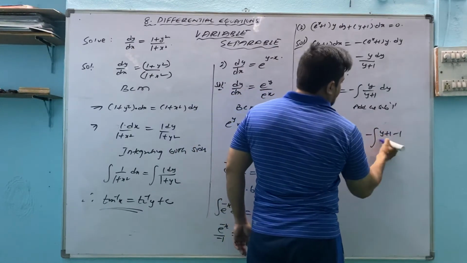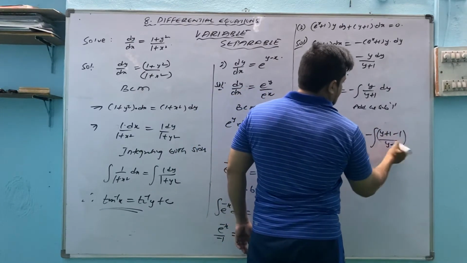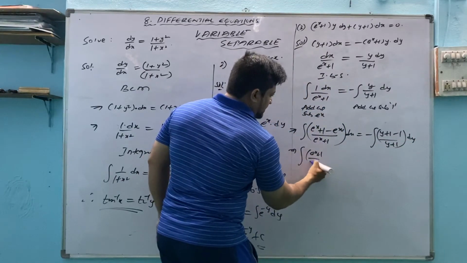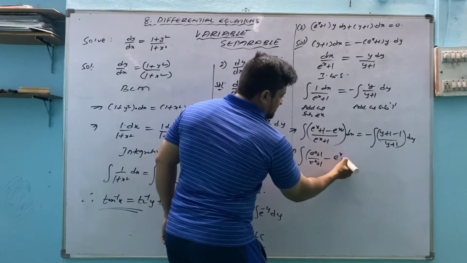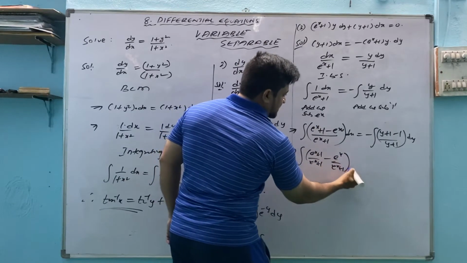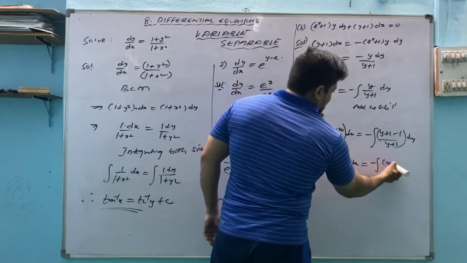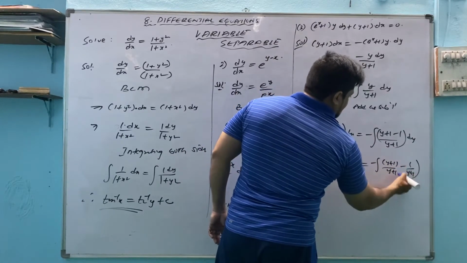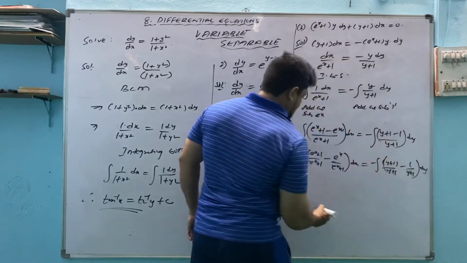One added and subtracted. Then e power x plus 1 and e power x plus 1 is taken. e power x by e power x plus 1 is taken. y plus 1 by y plus 1 is taken. Minus 1 by y plus 1 whole dy.